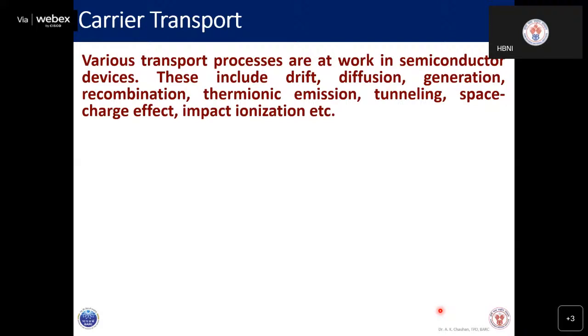These are drift and diffusion. Electrons can move by diffusion, by drift, and you can have generation and recombination processes, then thermionic emission of electrons, tunneling of electrons from one place to another, space charge effect, and impact ionization.